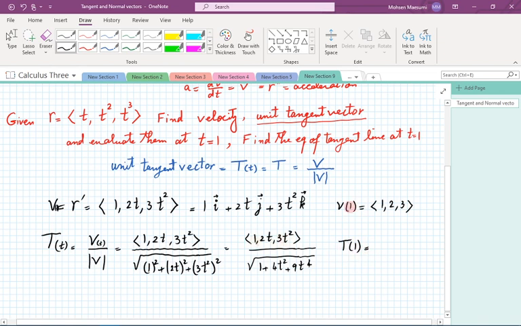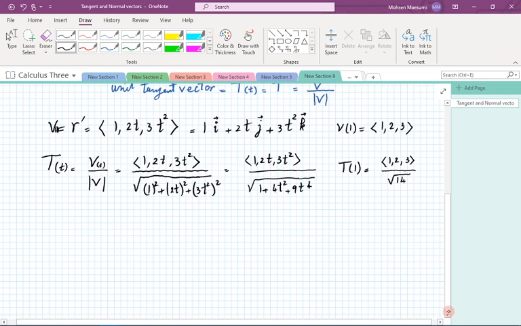At time equal to 1 your velocity is just 1, 2, 3, and then you divide it by a number so that it will be of length 1. Of course 1, 4, and 9 makes 14, so the square root of 14 is the length of this vector. When you divide, you have made a vector of length 1.